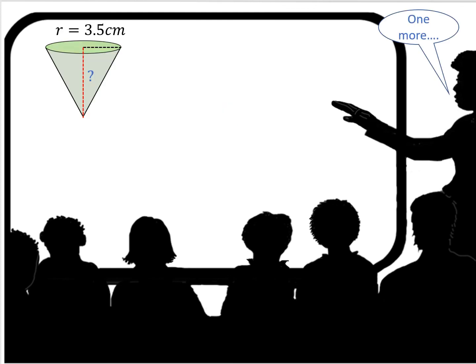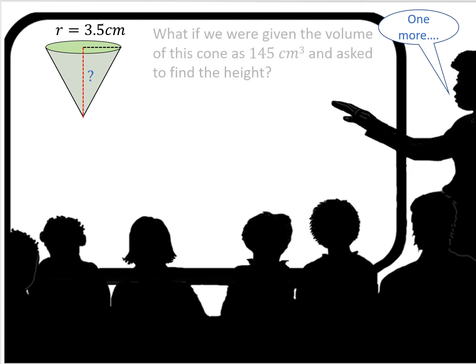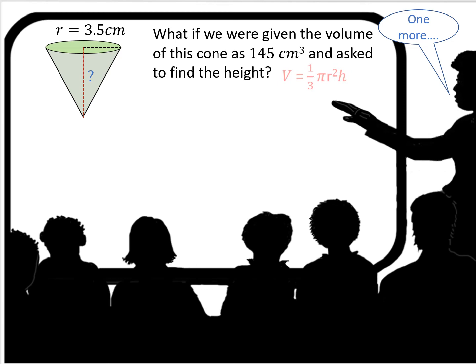Let's do one more. You see that the radius of the base of this cone is 3.5 centimeters. And we're looking for the height. What if we were given the volume of this cone as 145 centimeters cubed and asked to find the height? Well, again, we're going to use the same formula for volume of a cone, 1/3 pi r squared h, and we're just going to plug in the values that we know.